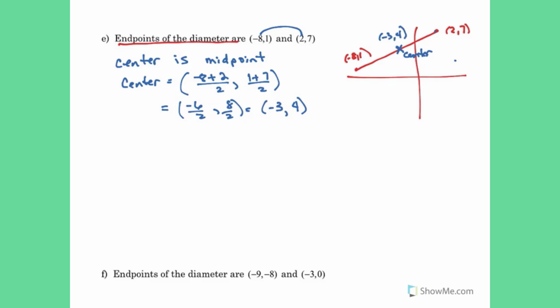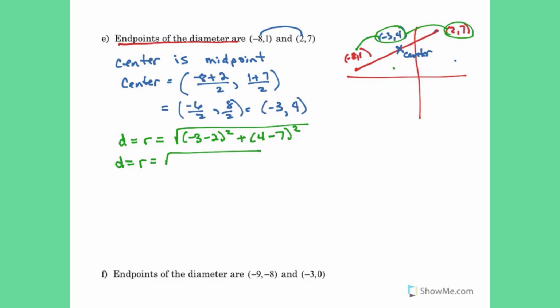Do I have my radius? No, I do not. So now I'm going to find my radius. So I can use the distance between those 2 points or those 2 points. I think I'm going to choose those, less negatives. So my distance is my radius. So I'm going to say negative 3 minus 2 squared and 4 minus 7 squared. So that's negative 5 squared.